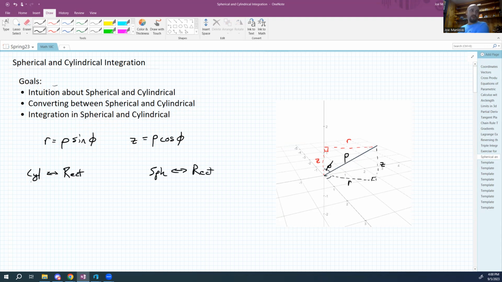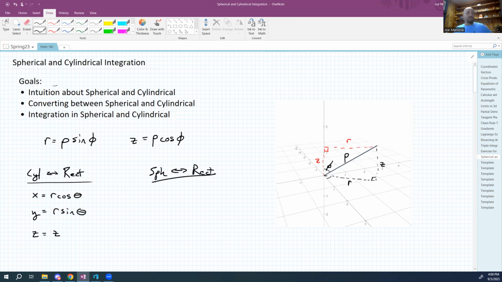I want to start with a couple we know. A couple we know are that x is r cosine theta, and y is r sine theta, and z is z, right? Those are the same z values. Okay, now the cool thing is with these two conversions from just looking at this one triangle, I can make some more conversions.